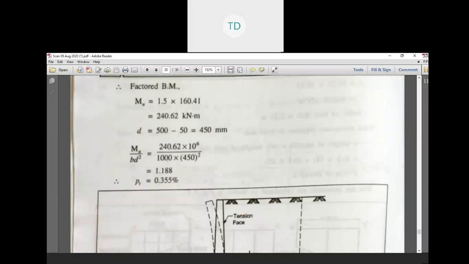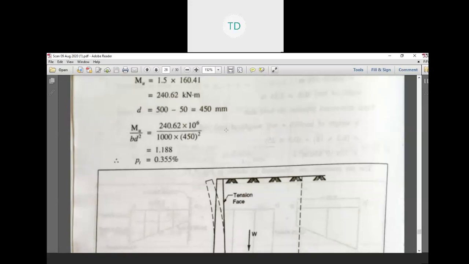Now the term d is equal to 500 minus 50 cover, which is 450 mm. To get the percentage of steel, we have to take Mu upon bd square, which is Mu, we have 214.62 divided by 1000 into depth of 450 square, and we get 1.188.